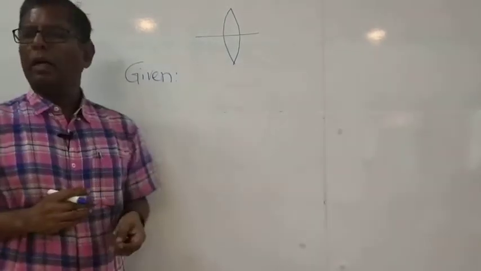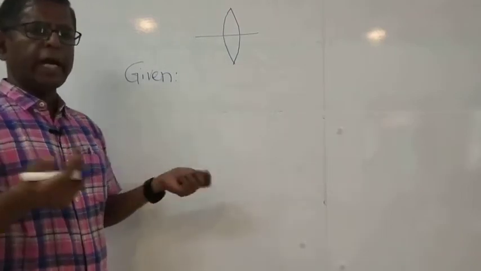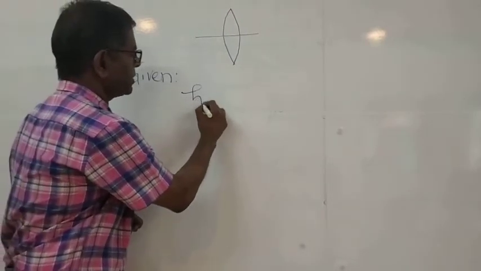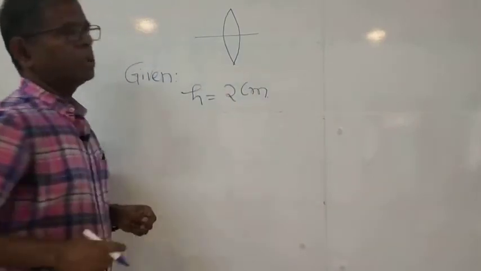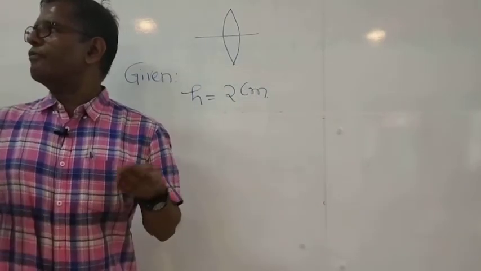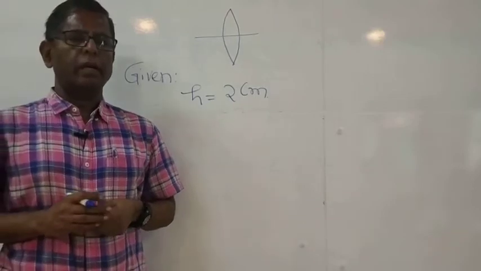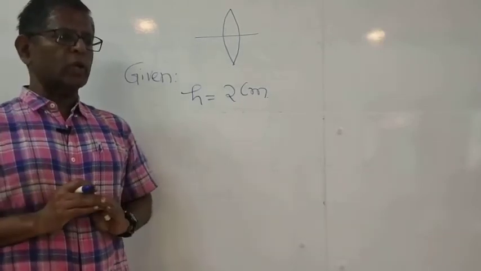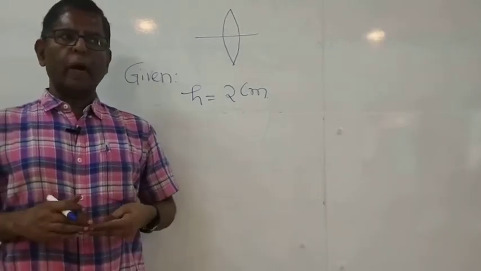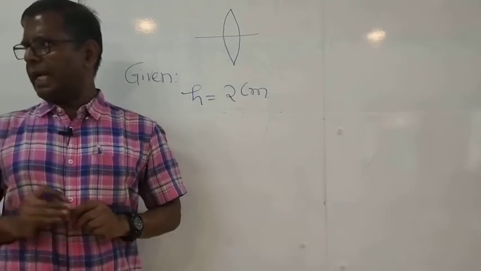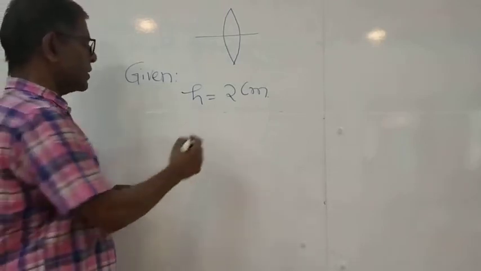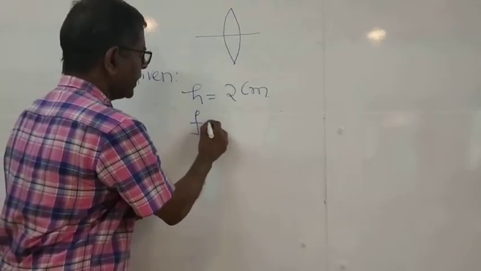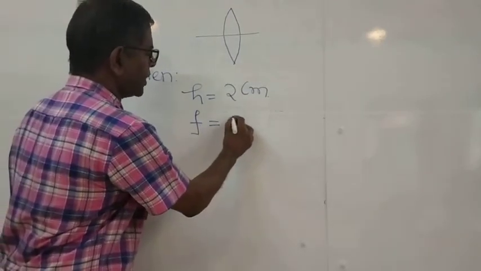H is the height of the object, so H is 2 centimeter. Then the focal length is given, but it does not say whether it is positive or negative. But because it is a convex lens, as you saw in the sign convention, F for a convex lens is always positive.